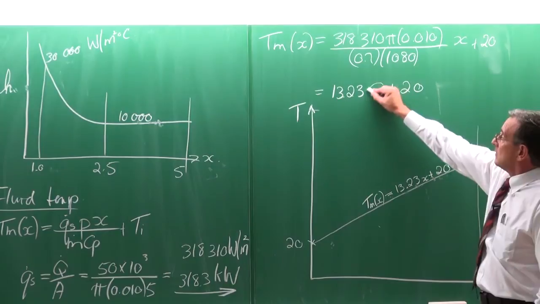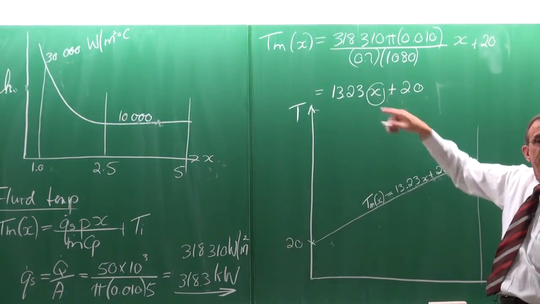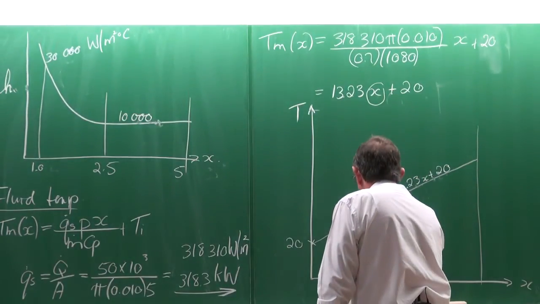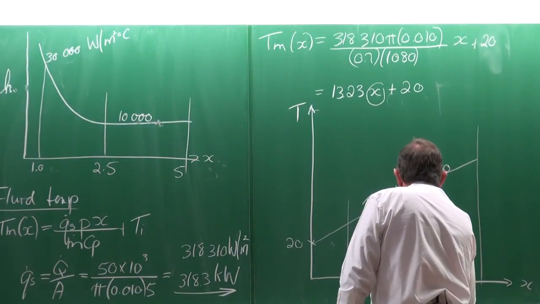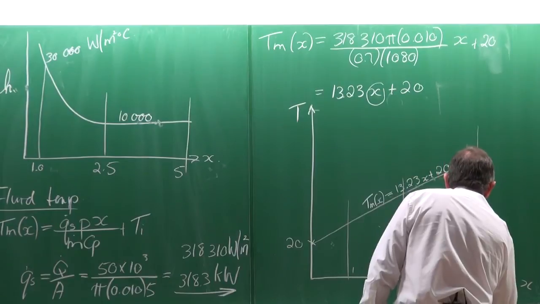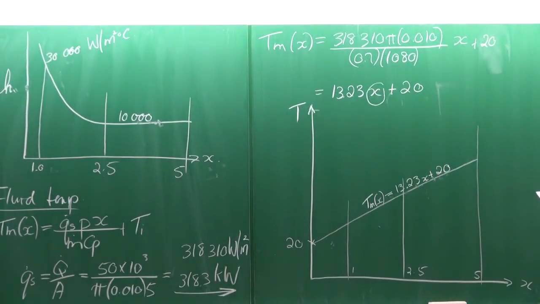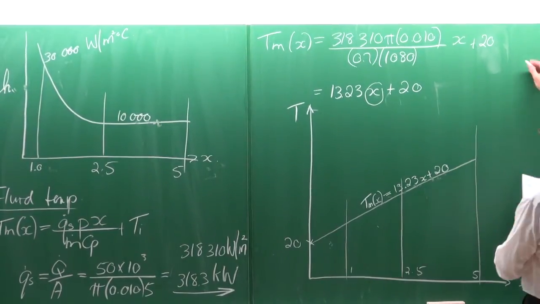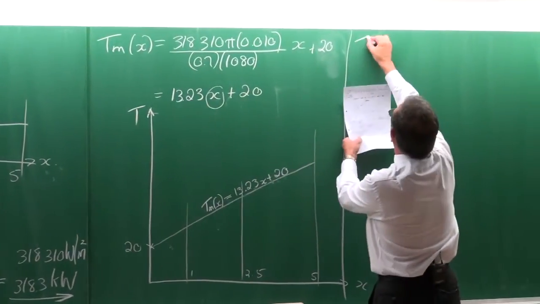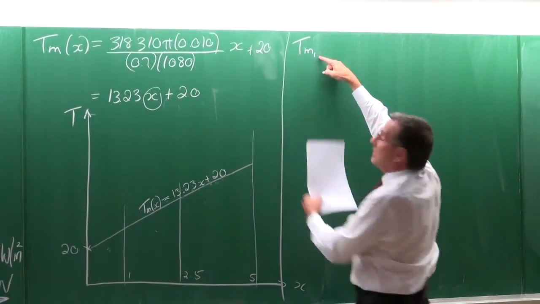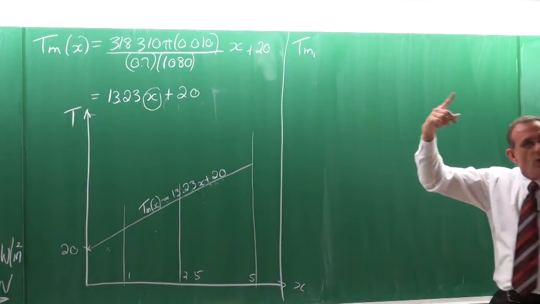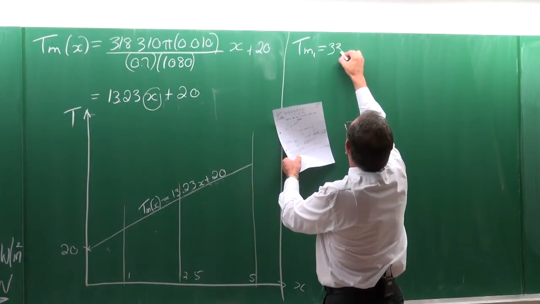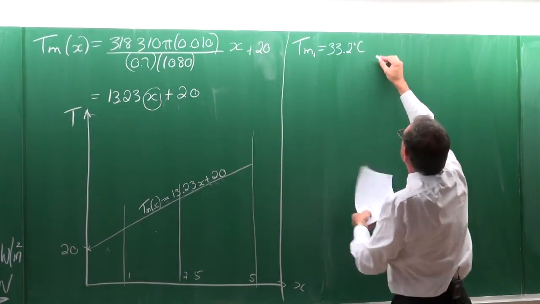Okay, now we can calculate the temperature for different values of x. The first one is for 1 meter, then for 2.5 meters, and then for 5 meters. So let's do that. The mean temperature at 1 meter would be equal to 33.2 degrees Celsius.